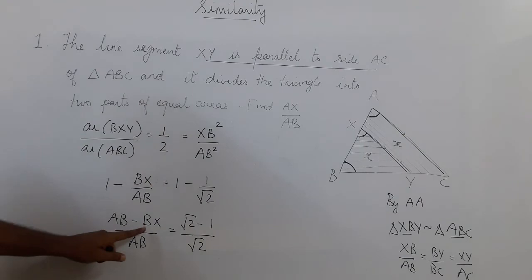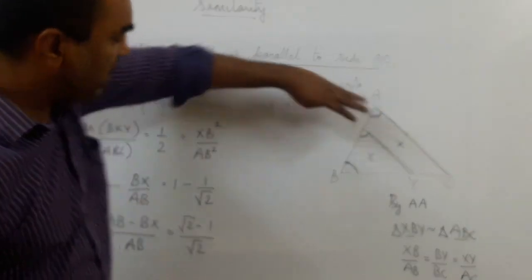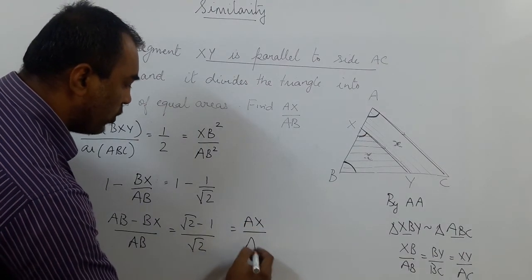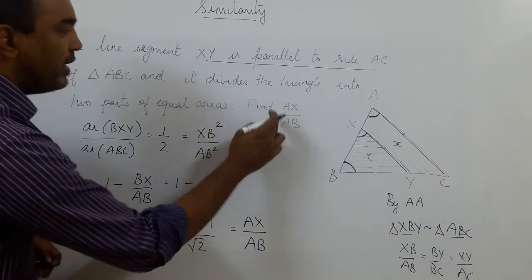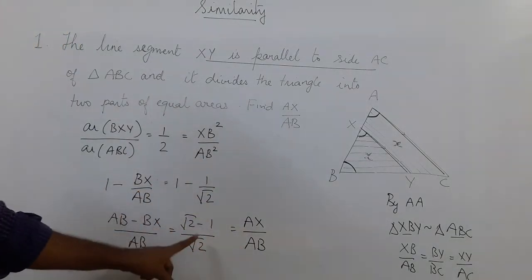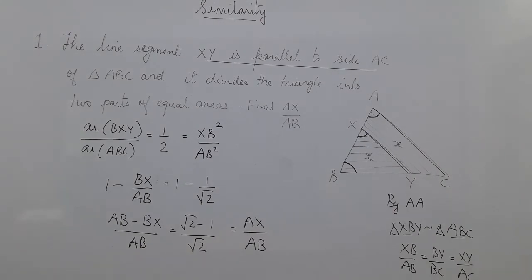But what is AB minus BX? AB minus BX gives AX. So I have got AX upon AB equal to root 2 minus 1 upon root 2. The sum may look a little complicated to you, so rewind this video one more time and start it all over again.